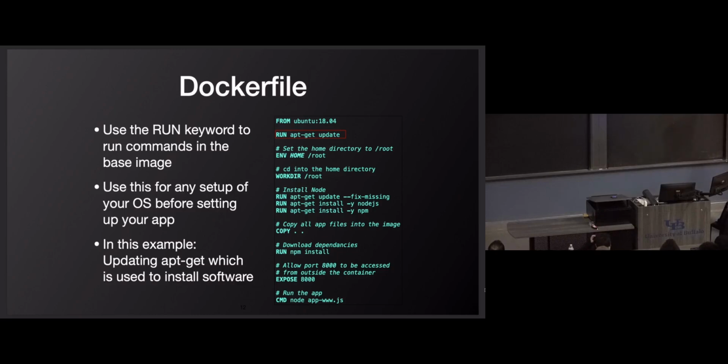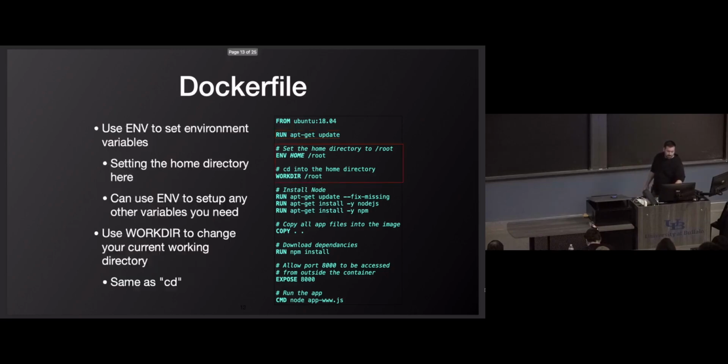So in the command line, if you're going to set all this up to be able to run node, one of the first things you'll do is update apt-get, your repository for all of your programs to install. We're going to update that. Same thing with the Docker file. We're going to do run, and then whatever Linux command we want to run, effectively in an Ubuntu command line. It's going to run in a similar environment to that.